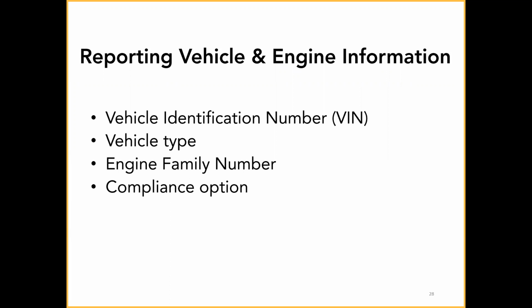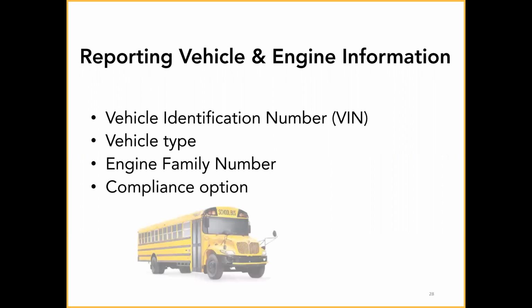The vehicle type in this case should be bus school for each vehicle. At this point in the regulation, the only way to be compliant is to select a compliance option. For school buses, the options are original equipment PM filter, a retrofit PM filter, or low use designation. Low use vehicles must be driven less than 1,000 miles per year.